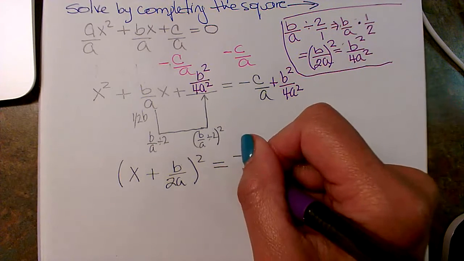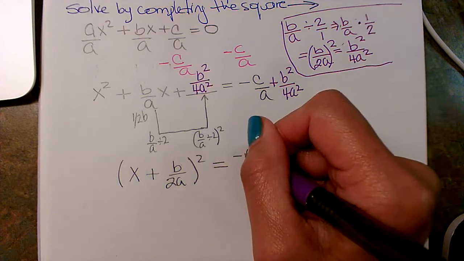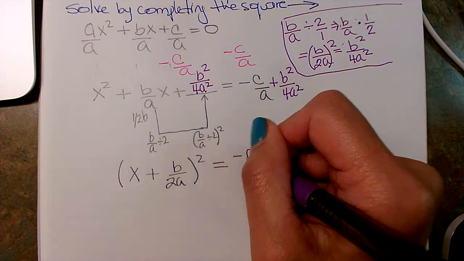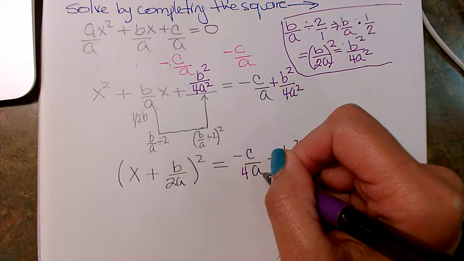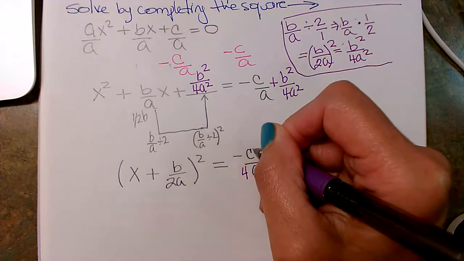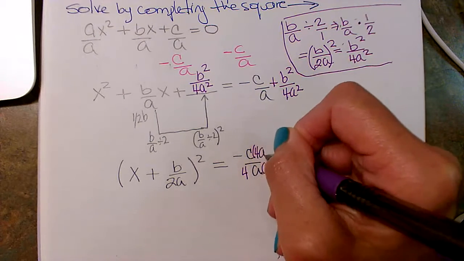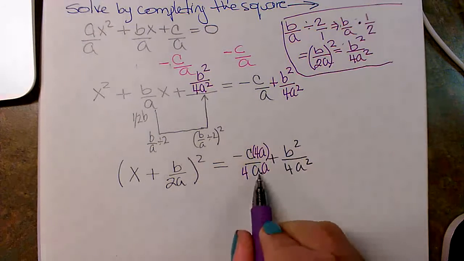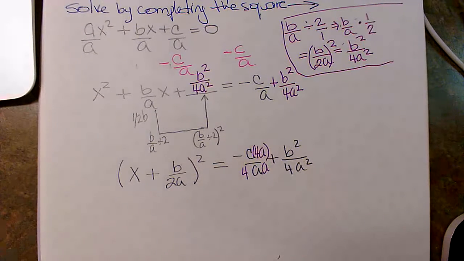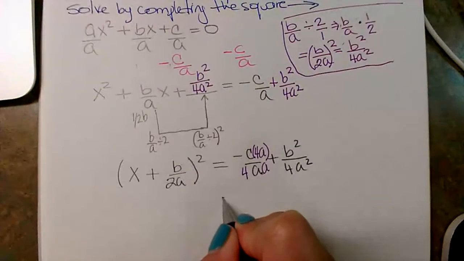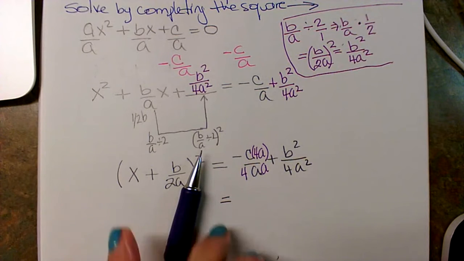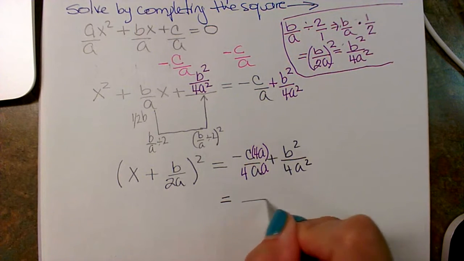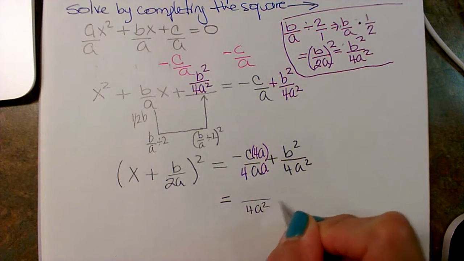So we're missing a 4 here. I need to multiply that by 4 and another a, right? So I need to multiply by 4a. 4a squared. Sorry. So now I have the same denominator.